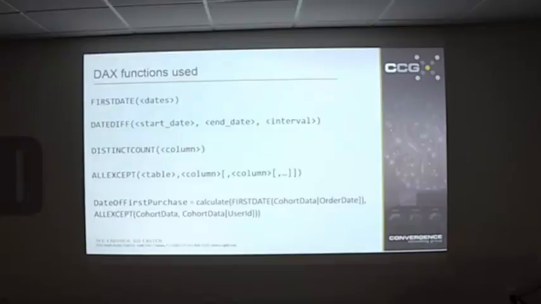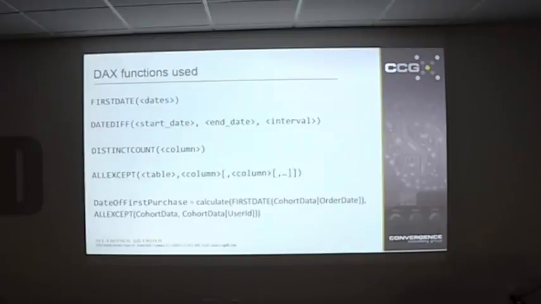Now, for time's sake, I'm not going to be writing the variables from scratch in DAX, but I do want to go over them. DAX is Power BI's native language, and it can do some pretty advanced stuff and get complicated, but what I'm doing tonight, any confident Excel user can pick up on. I'm just using 5 functions. First date function: you put in a list of dates, and it's going to spit out the earliest date in that list. Date diff, pretty straightforward.